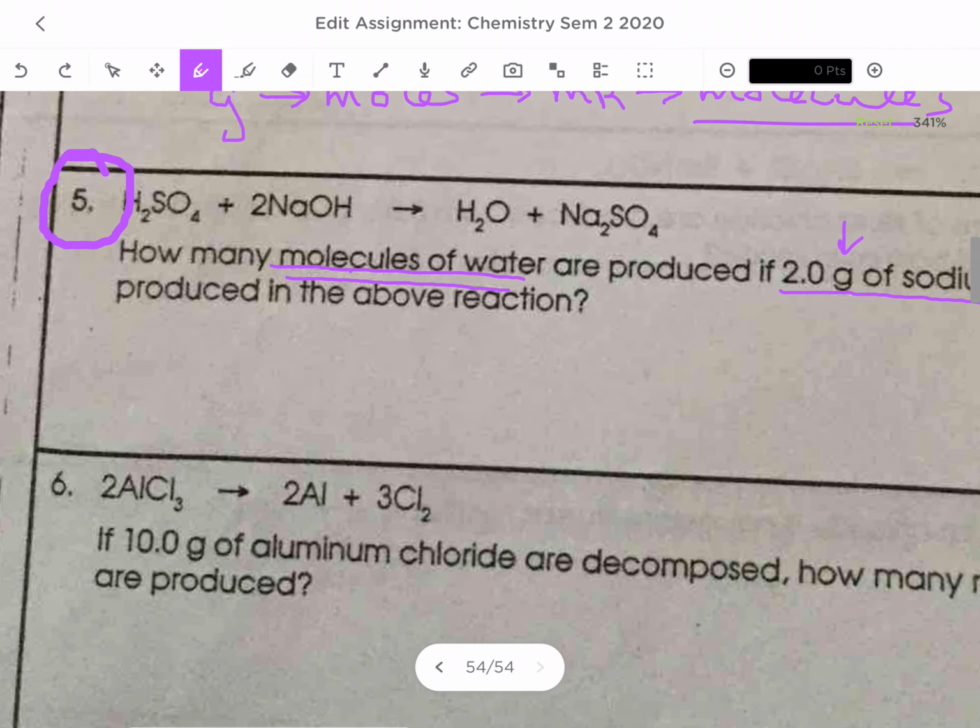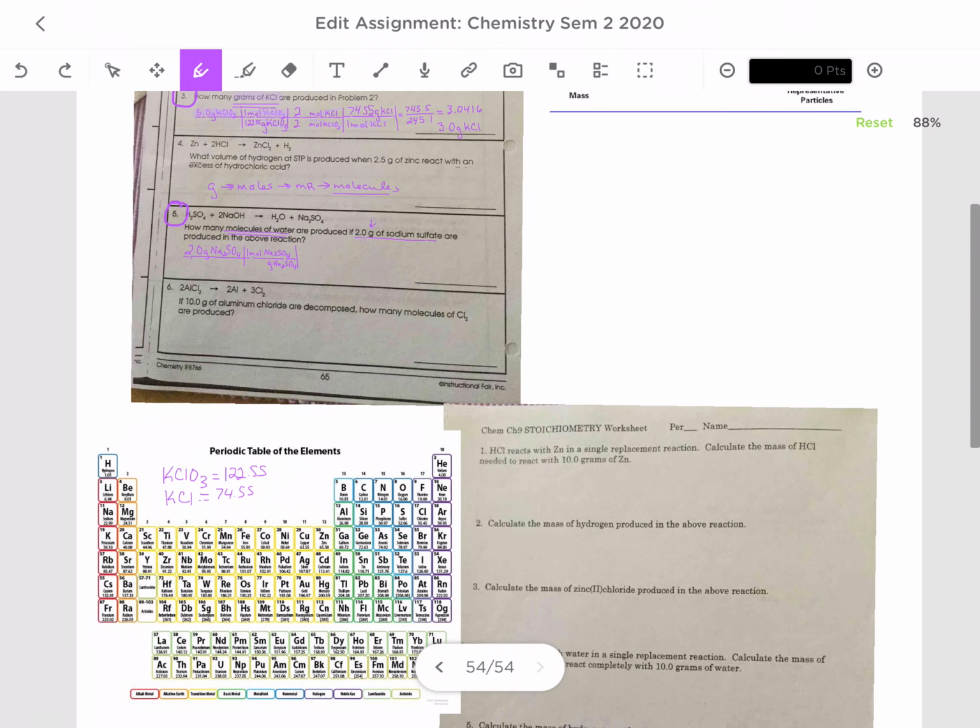So we're going to start with our number given. So 2.0 grams of Na2SO4, which is sodium sulfate. Then we're going to convert to moles. So if we look at our mole map, it is 1 mole of Na2SO4. And then we're going to need the molar mass of Na2SO4. So we're going to go down here and add it up.